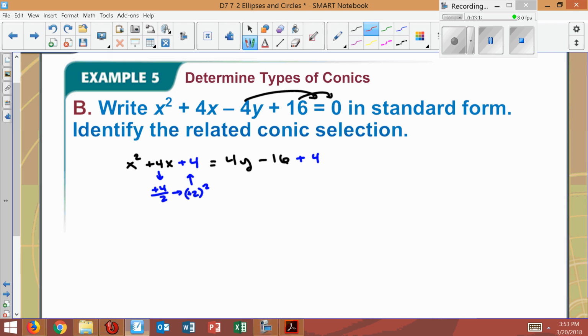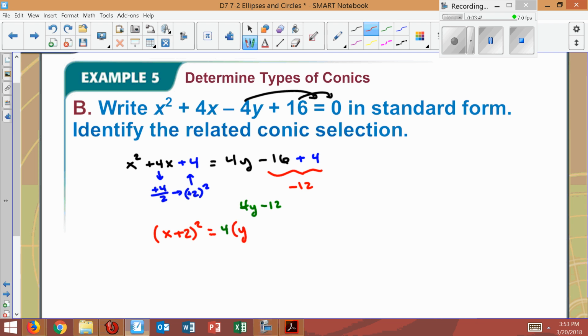Now I go to simplify. This will be the perfect square, x plus 2 quantity squared. Over here, when they combine, that gives you negative 12. And remember, you would then factor out the 4. So when I factor out the 4, meaning I have right now 4y minus 12, what am I left with?